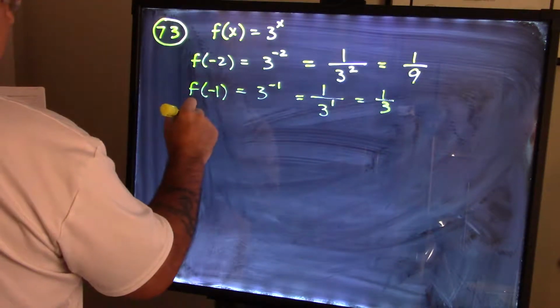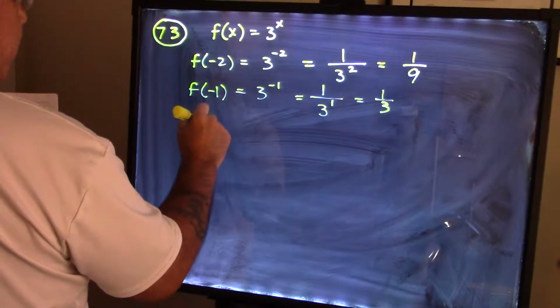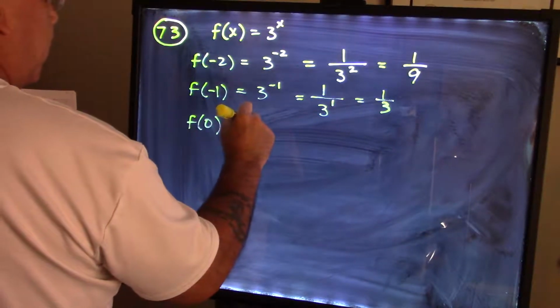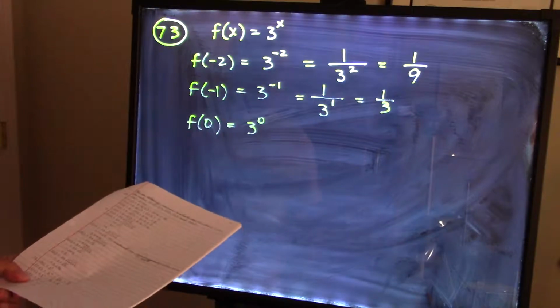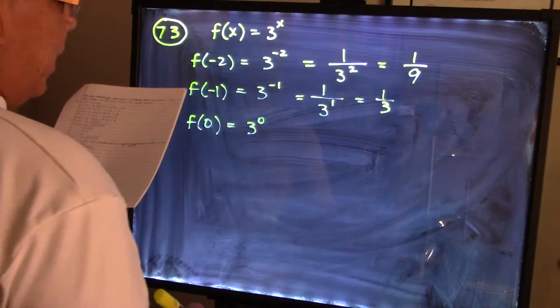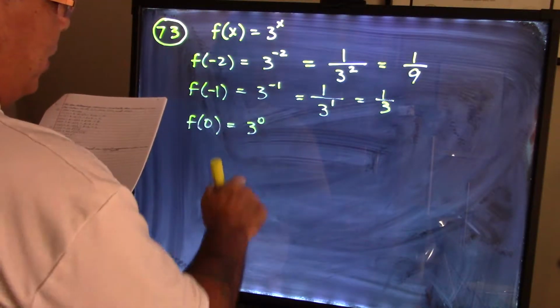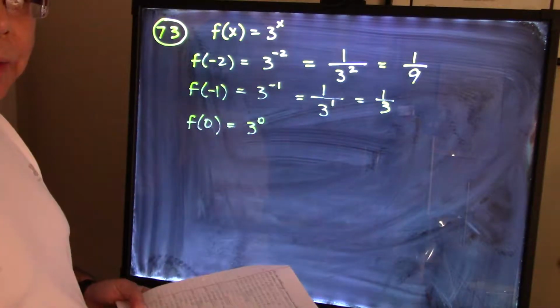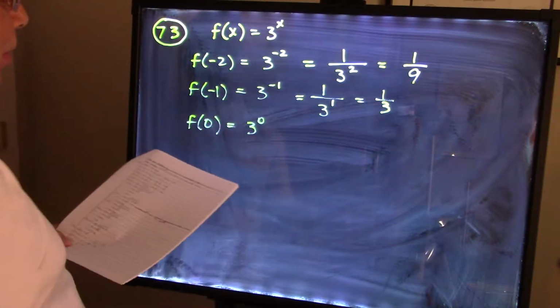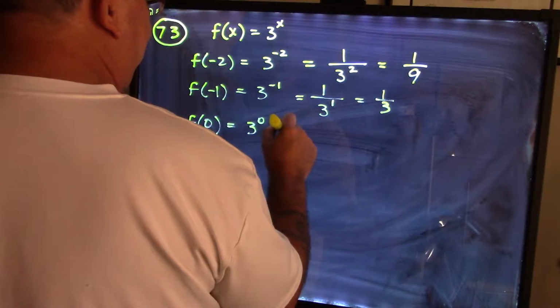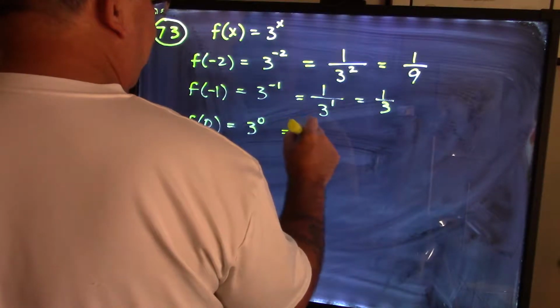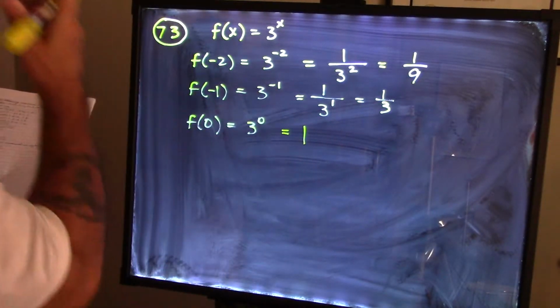And f of 0, that's 3 to the 0. And for any real number a, except a equals 0, a to the 0 equals 1. Alright? Now if you have 0 to the 0, that's undefined. So you don't mess with that one, but this is 1.